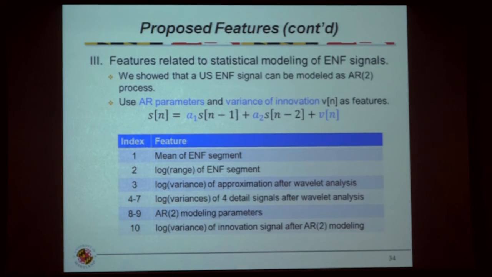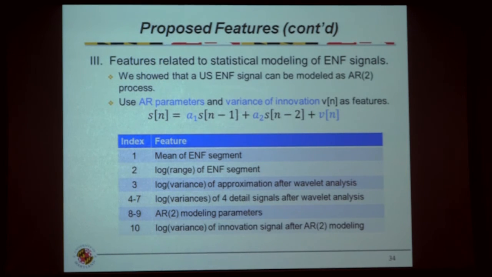We have also done some statistical modeling of this ENF and found that it fits very well into an AR process, an autoregressive process of second order. What this means is, if I know the previous two values, I can predict the next value very well, except for some new information coming in. That's our innovation sequence. So using this modeling, we can take the parameters and the variance of this innovation as potential features as well.